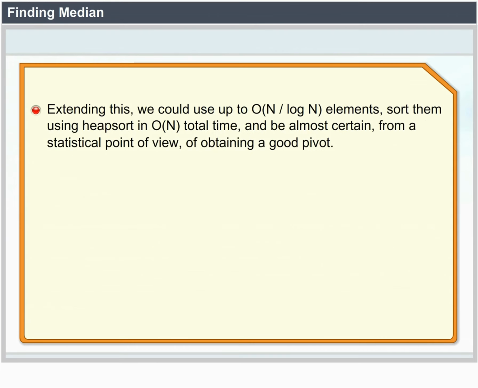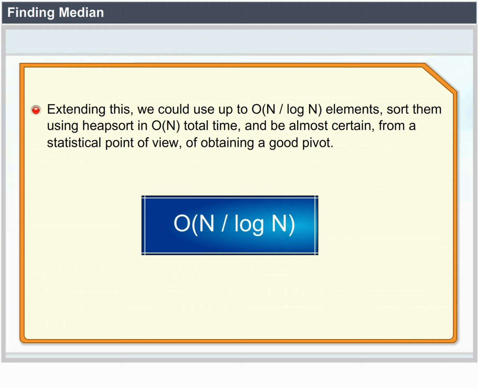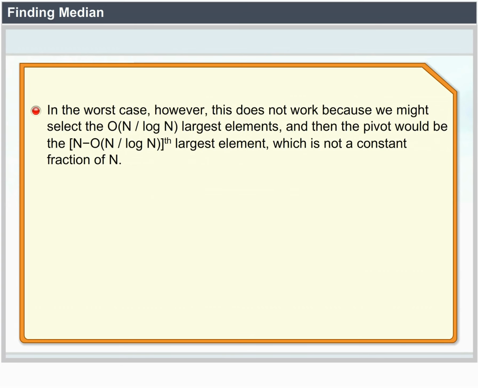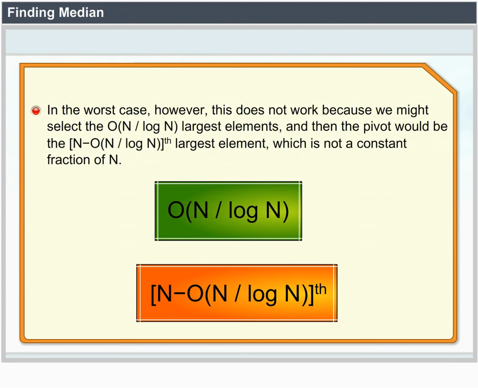Extending this, we would use up to O(n/log n) elements, sort them using heap sort in O(n) total time, and be almost certain from a statistical point of view of obtaining a good pivot. In the worst case, however, this does not work because we might select the O(n/log n) largest elements, and then the pivot would be the (n minus O(n/log n))th largest element, which is not a constant fraction of n.